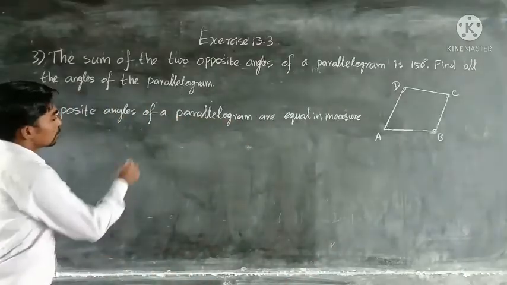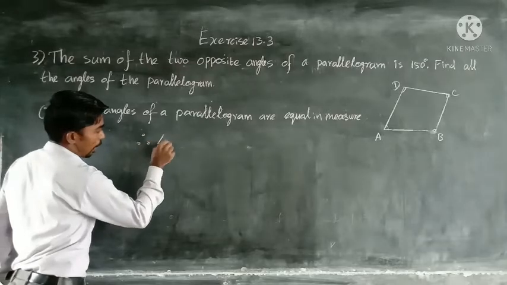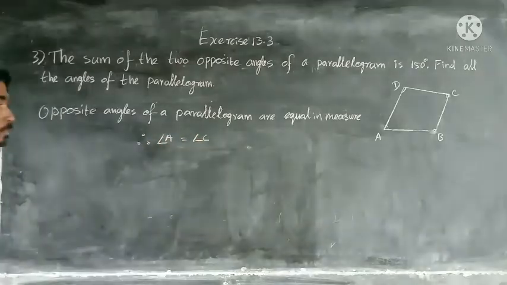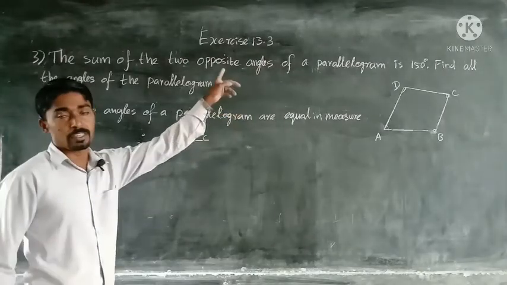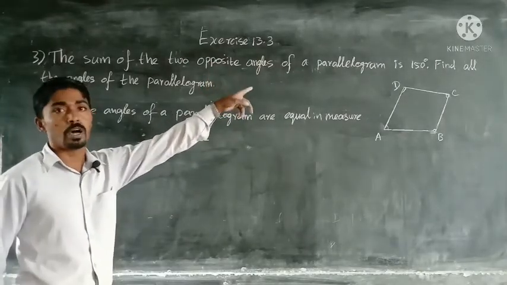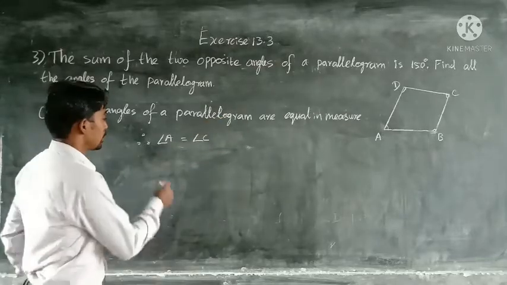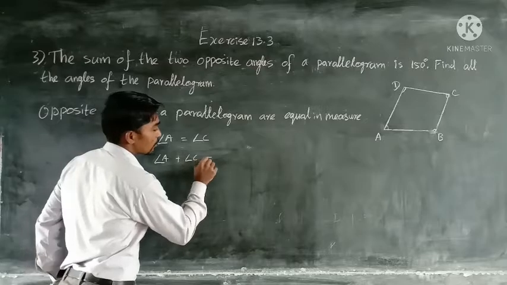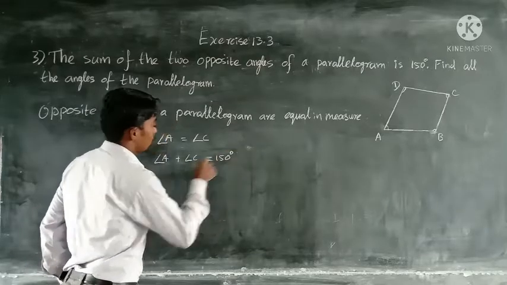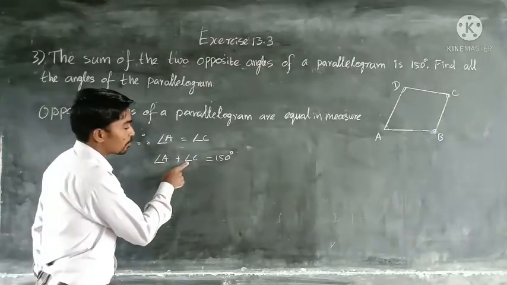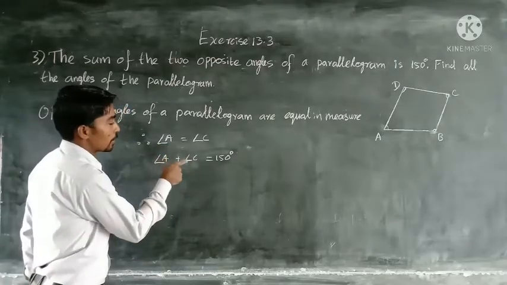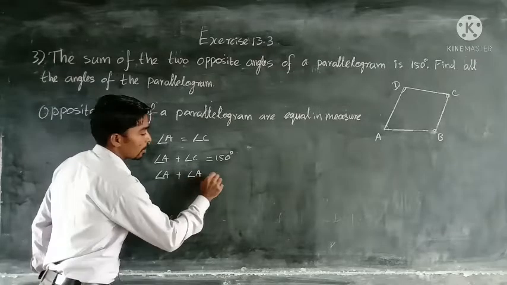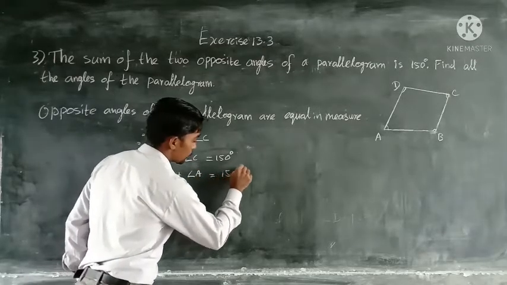Therefore, angle A is equal to angle C. As per the given condition, that is sum of two opposite angles is 150 degree. Therefore, angle A plus angle C is equal to 150 degree. Now substitute, in place of C you can substitute angle A plus angle A is equal to 150 degree.